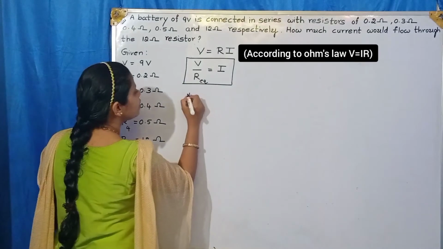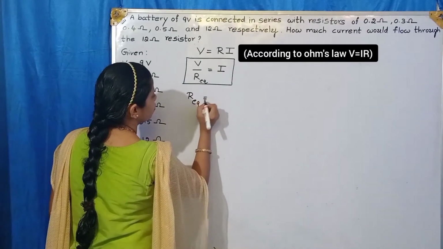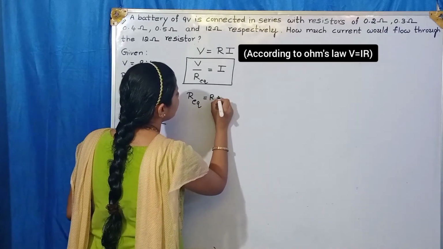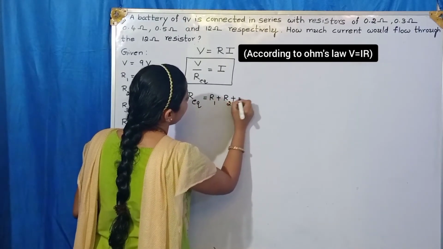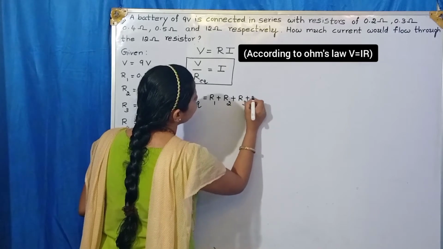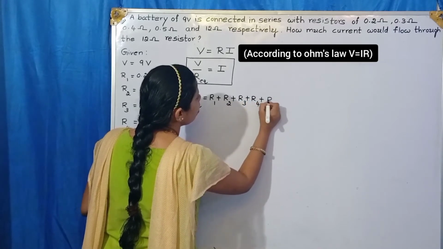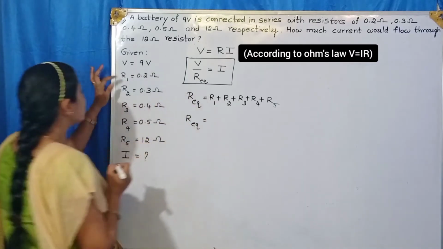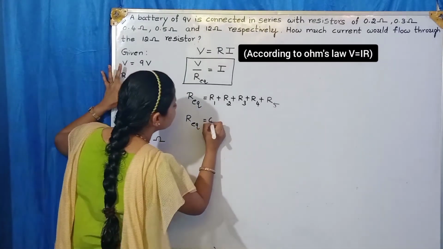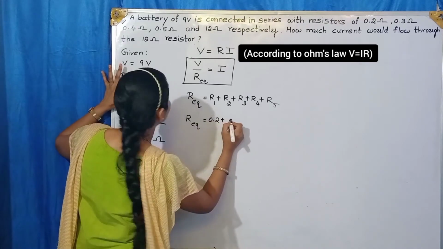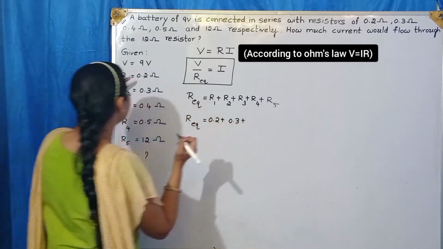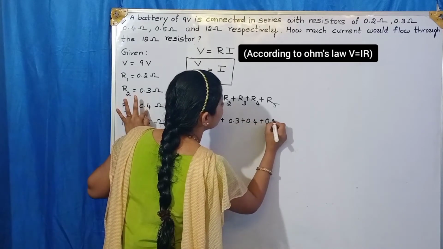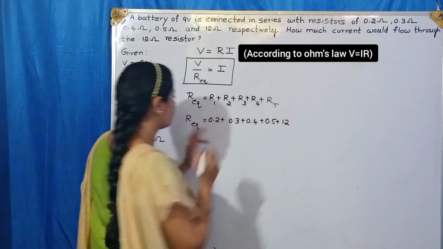Since they are connected in series, we write R equivalent is equal to R1 plus R2 plus R3 plus R4 plus R5. That is, R equivalent is equal to 0.2 plus 0.3 plus 0.4 plus 0.5 plus 12.